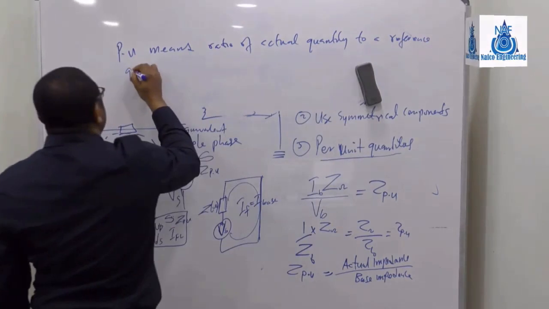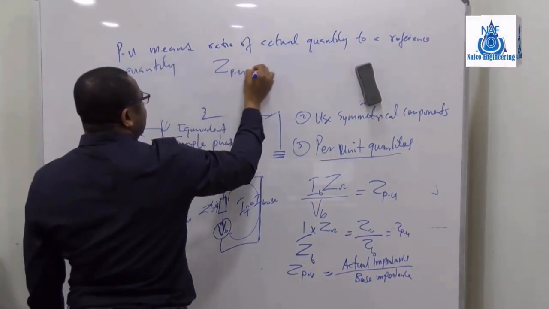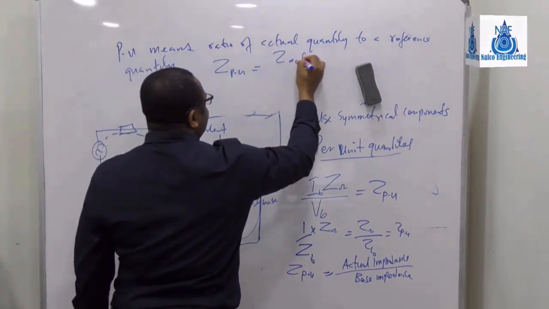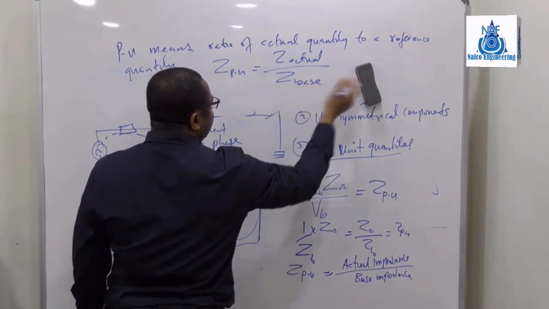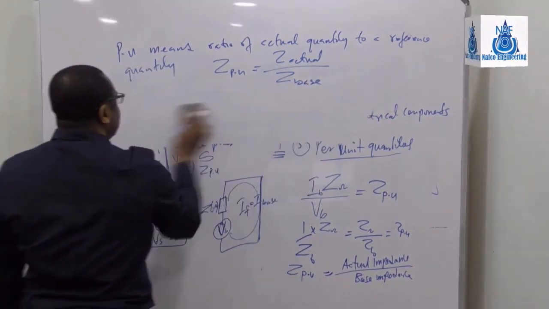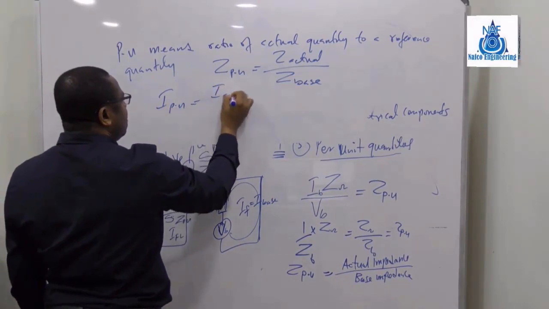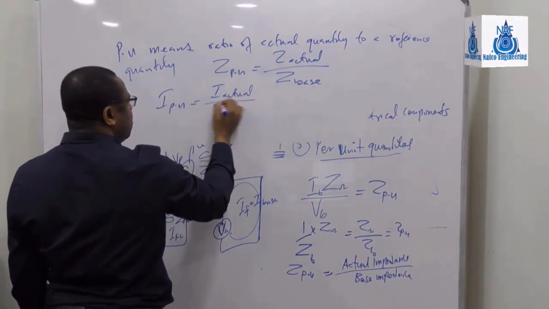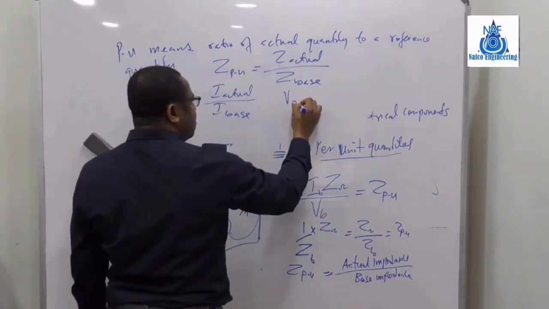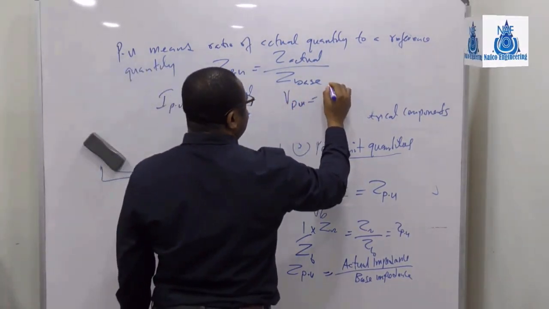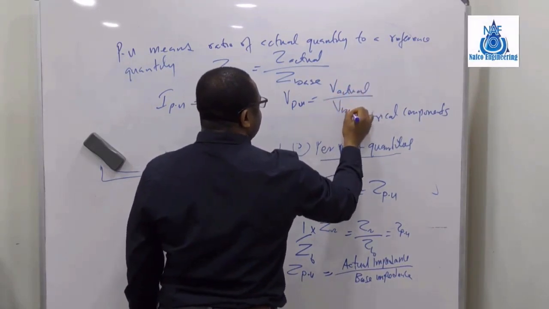So Z in per unit means Z actual over Z base, where the base is the reference. I in per unit is I actual over I base. Voltage in per unit is V actual over V base.